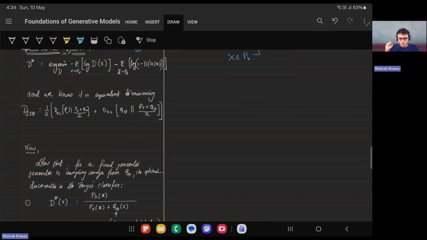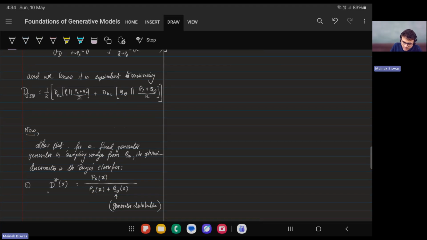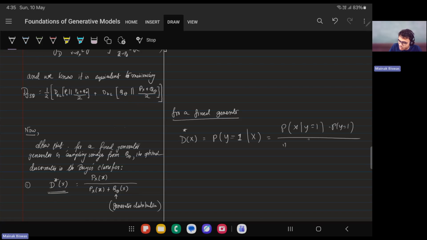And now we have also shown that the optimal discriminator is p_x by q_x. So we have shown that the discriminator of x is nothing but the probability of y being in the positive class for a fixed generator. This is just to recall the Bayes classifier. This is equal to p of x given y equal to 1 into p of y equal to 1, divided by the same thing plus p of x given y equal to 0 into p of y equal to 0.